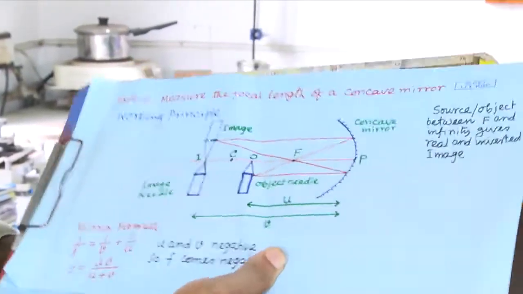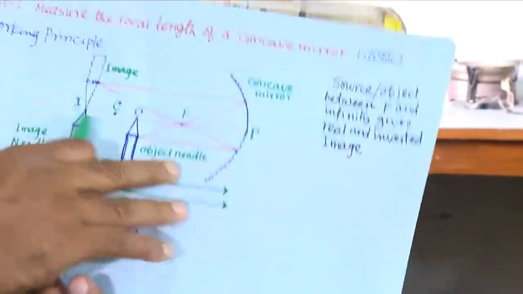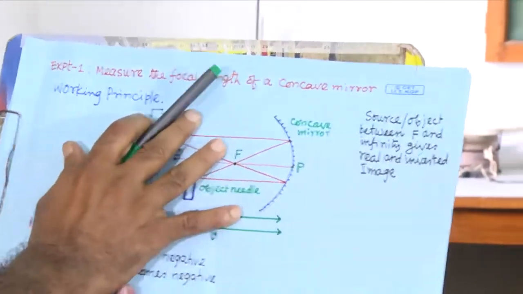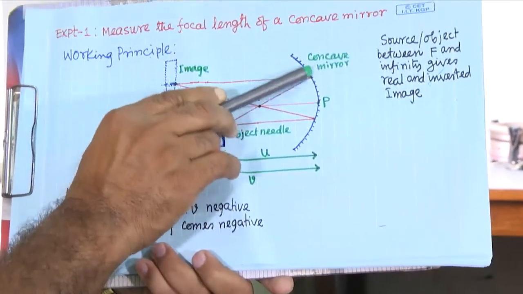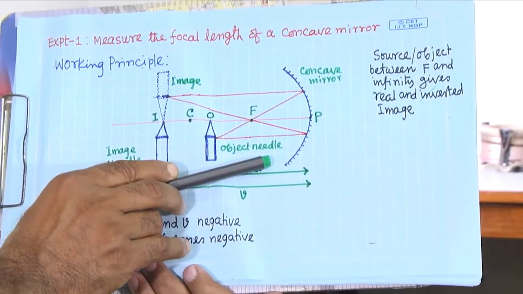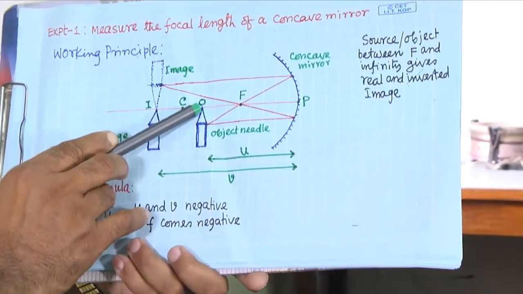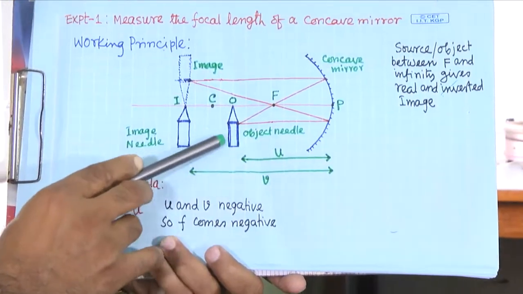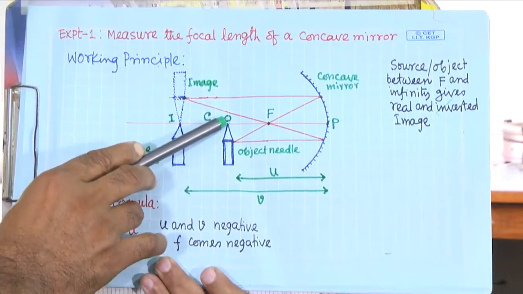So, the working principle for this experiment is basically this: you have a concave mirror, right. Now, you have an object, okay. You have an object, a needle object basically, so a sharp tip is there. Okay.